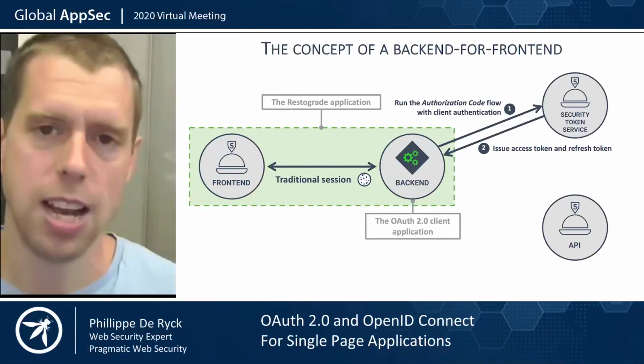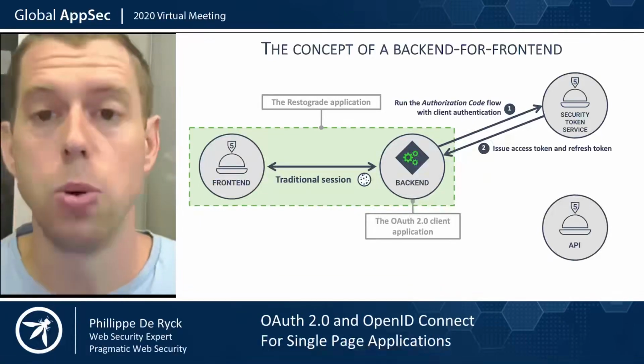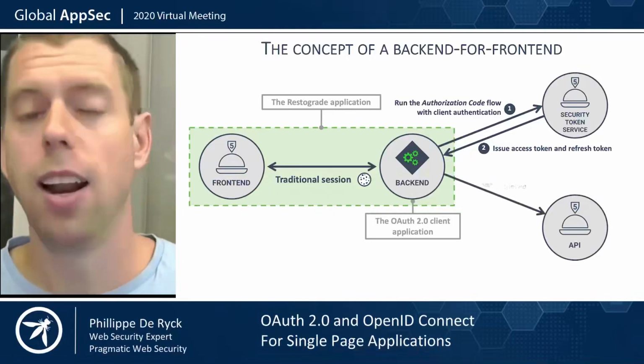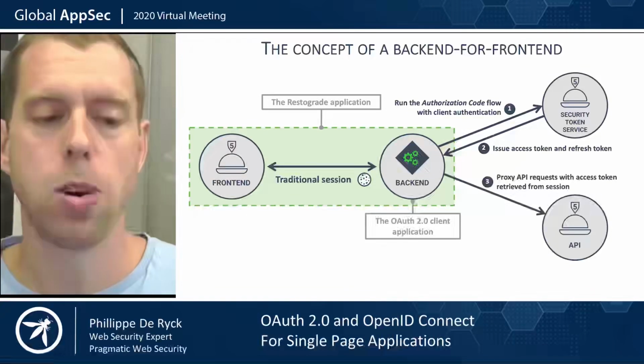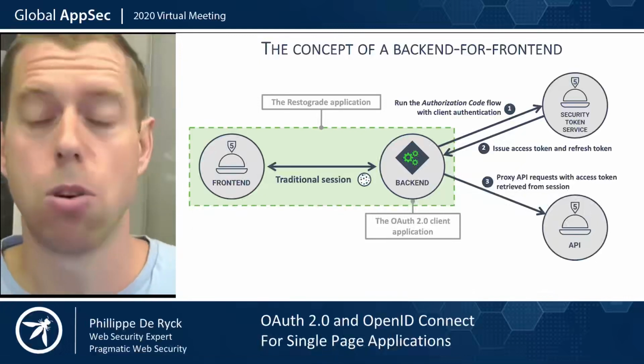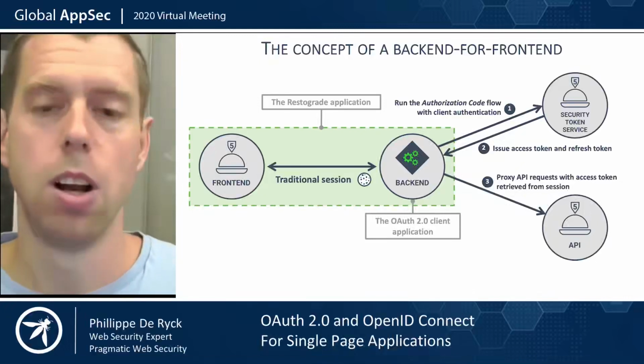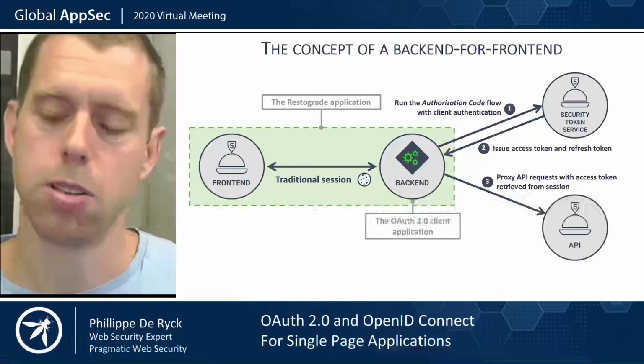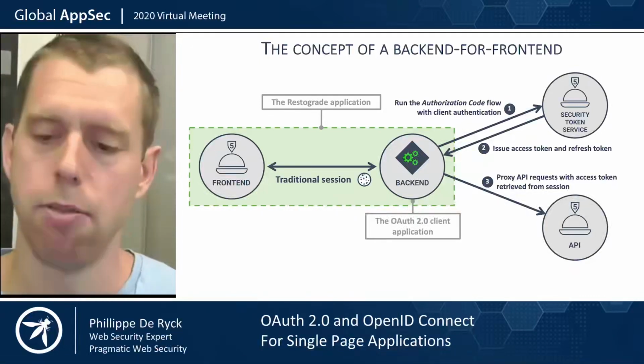And whenever the frontend makes an API call, it makes that call to its backend. The backend will forward that to the actual API and attach an access token on the outgoing request. So as far as the API is concerned, things work as they did before. The API has no idea that this is actually a different client making that request. And that's what we call a BFF.